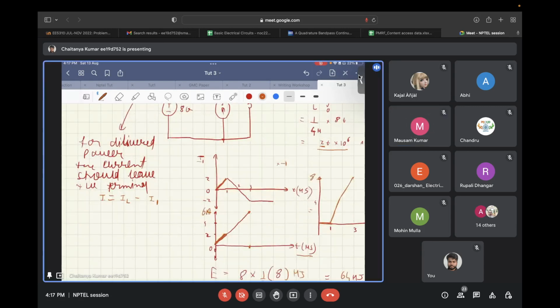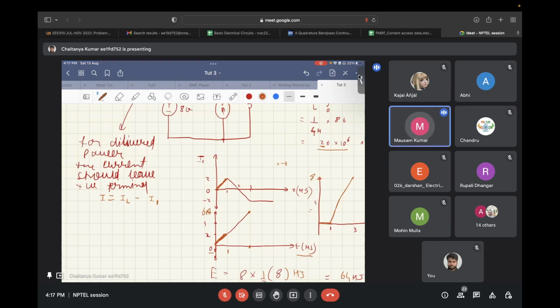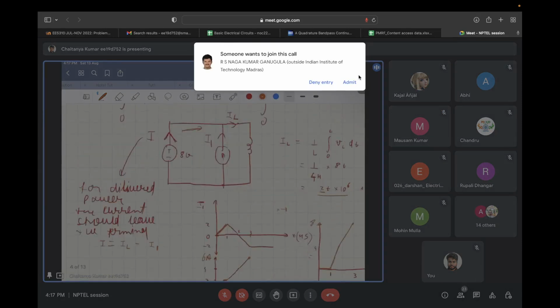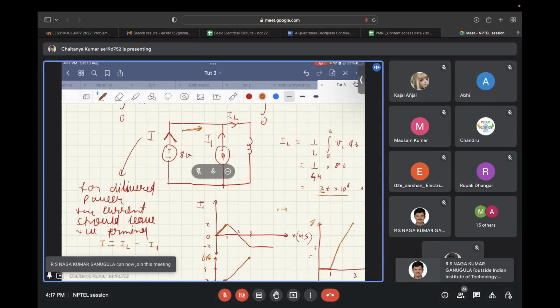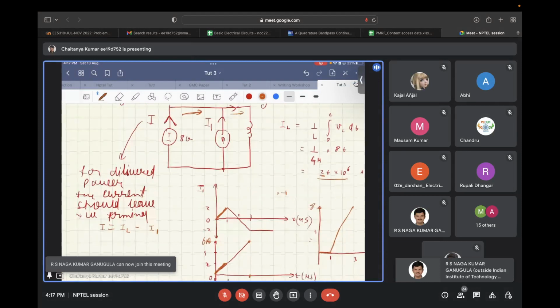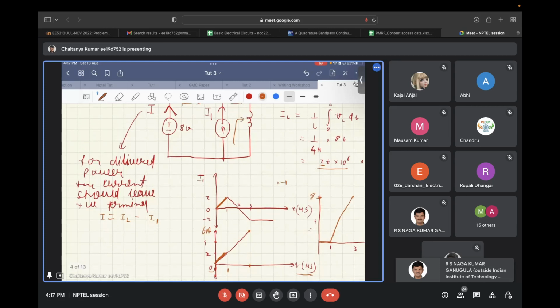Now for time equal to 0 to 1 microsecond, IL is moving from 0 to 2 amperes, and I1 is also moving from 0 to 2 amperes. So these two currents are identical. In this particular time, no current will flow from this 8 volt voltage source, because all the current that flows into IL is being supplied by I1 itself.